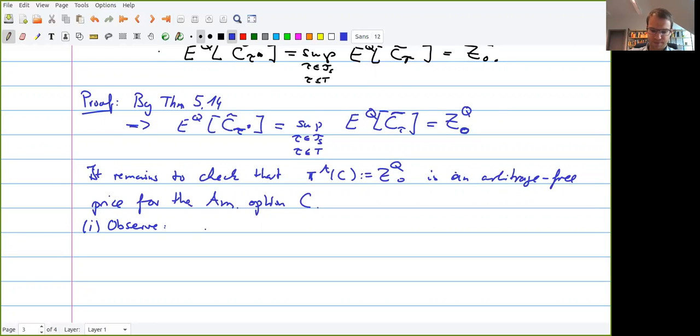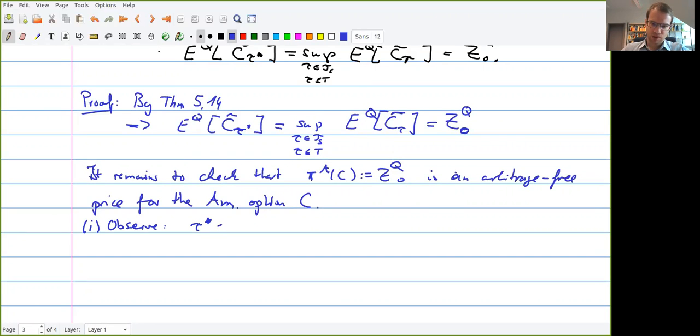If I consider my stopping time tau star, the first property of being an arbitrage price for the American option was that the price is not too expensive for the buyer. So I want to find a stopping time which tells me if I stop like this, the price is what I'm willing to pay.